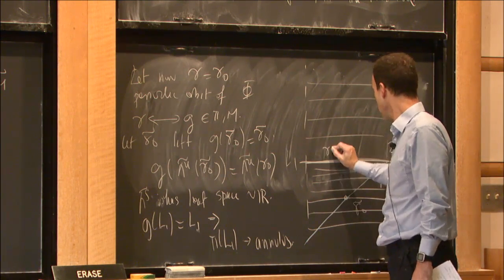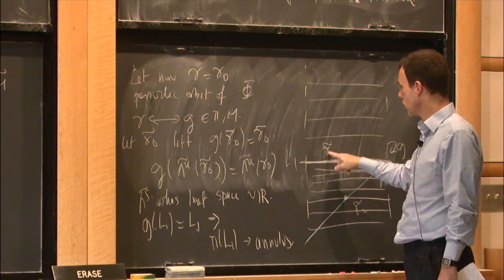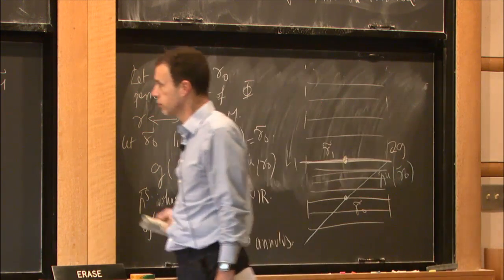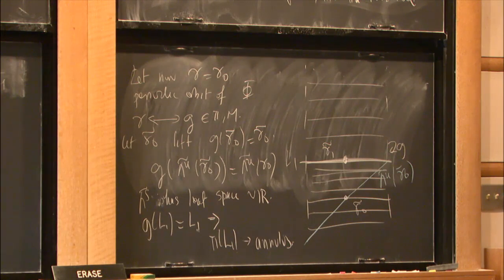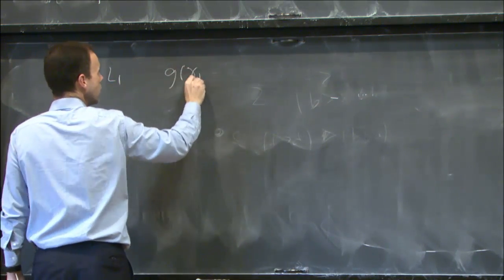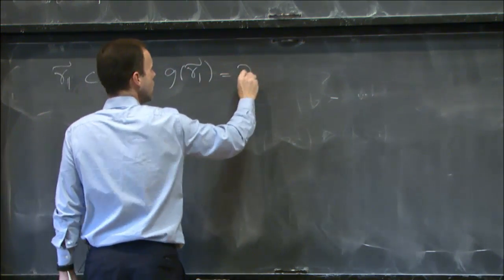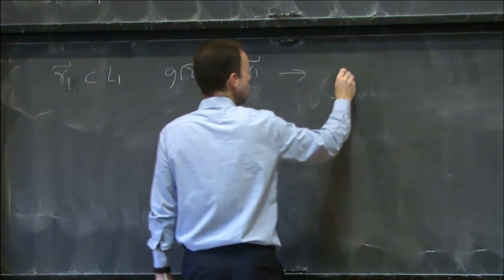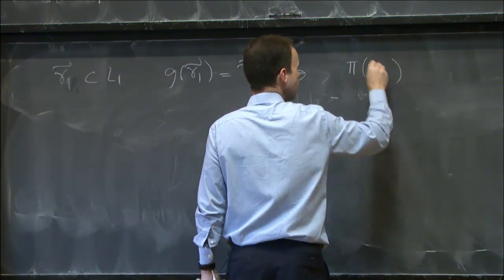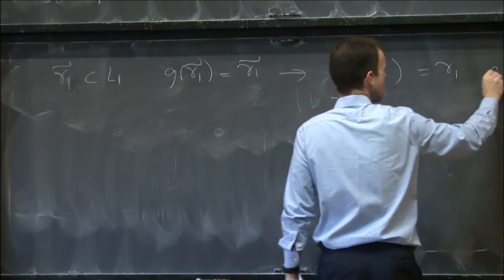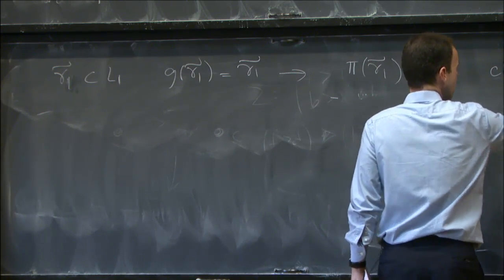So there's an orbit here, gamma 1, which is invariant by G. So gamma 1 tilde is contained in L1, and G of gamma 1 tilde is gamma 1 tilde. So therefore, when you project to the manifold, this is a closed orbit.